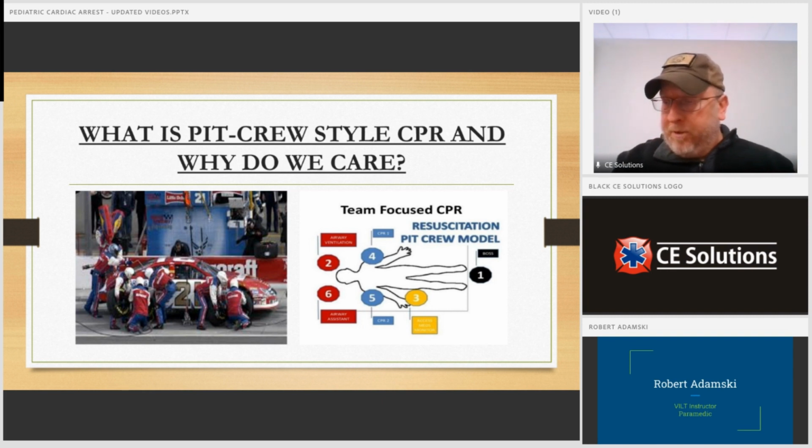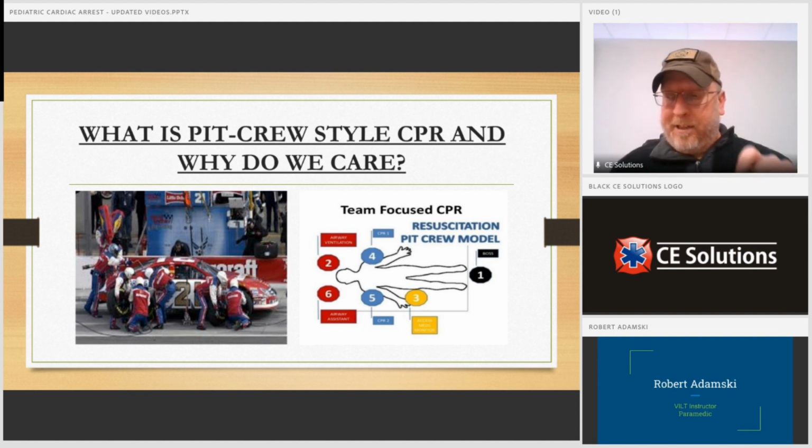They did a study from 2011 to 2013 in Austin, Travis County, Texas. What they found, when they compared survival rates of pediatric patients who suffered out-of-hospital cardiac arrest, was that survival went from roughly 6.4% up to about 17%.